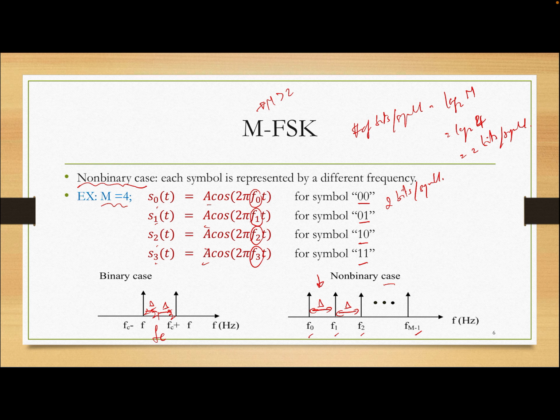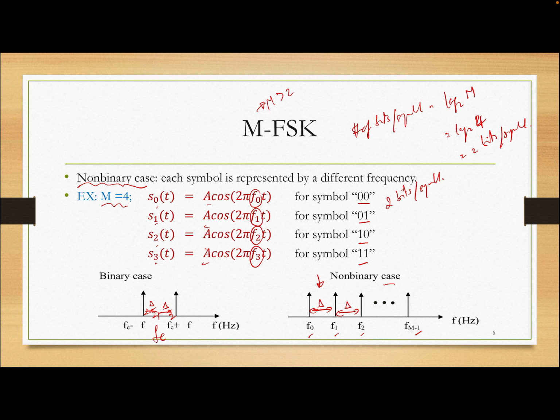But I don't want to talk about this here because it will be covered in detail in the principles of communication class. This is only an overview, since it's a small topic in our class. Just know that there is a minimum preferred delta.